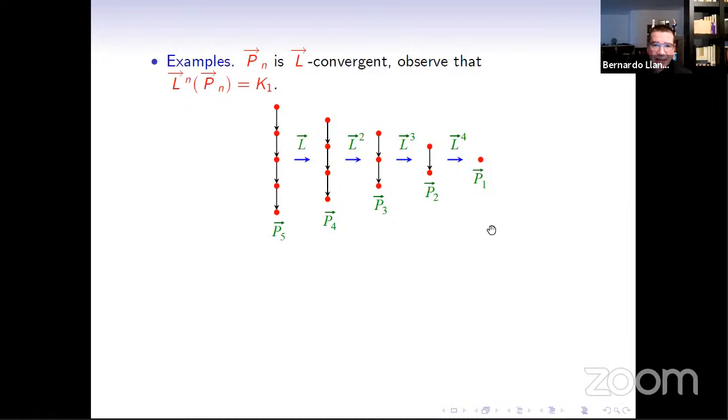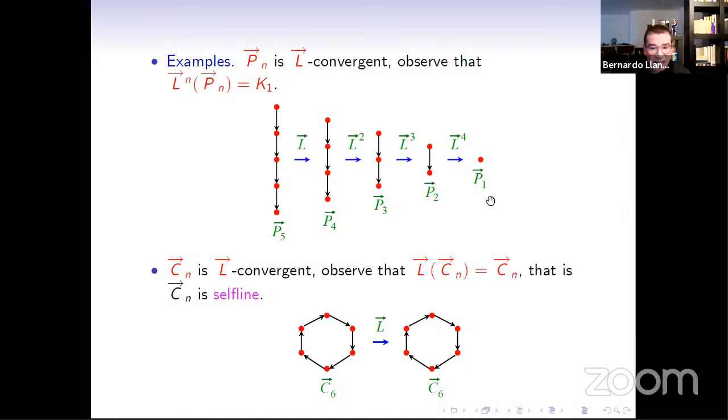Then you can see that it goes to K1, to a vertex. So it is L-convergent. Again, the cycles are self-line, in this case self-line digraphs. So in the first step, the same digraph is obtained.